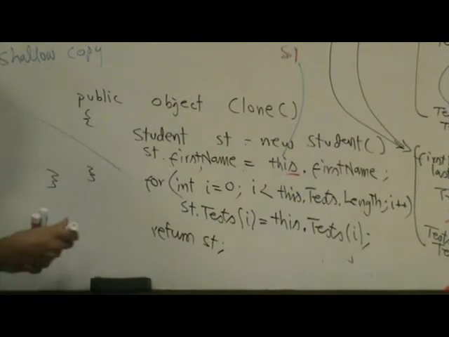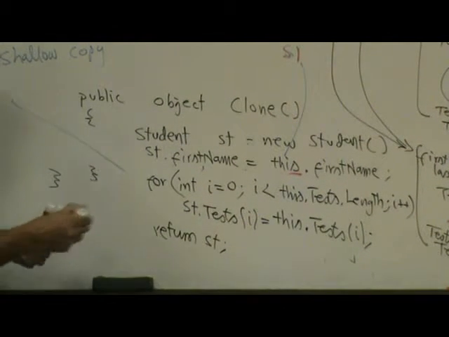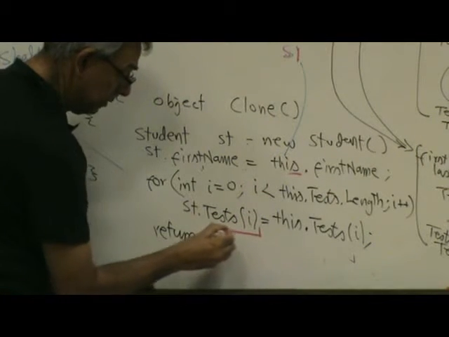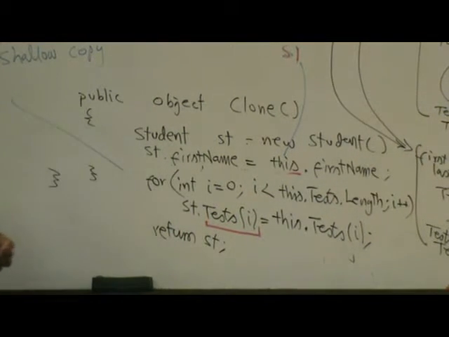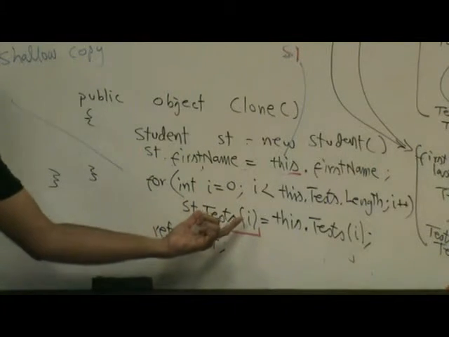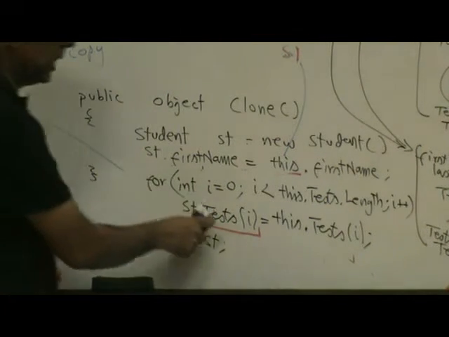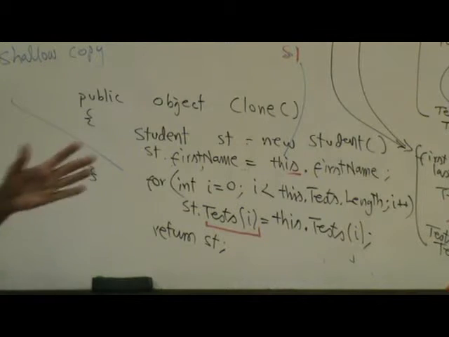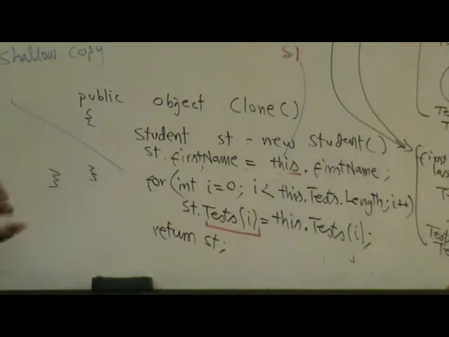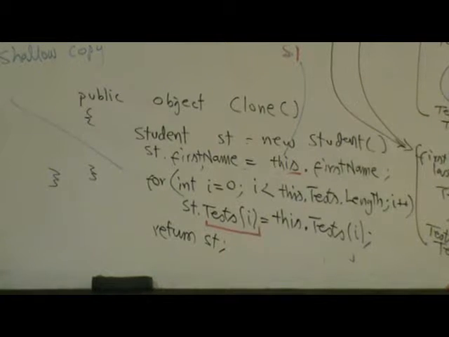So if you take a look at tests of i, what is that? Each individual item in the array. Is that a reference type or is that a value type? Value type. Because it's an array of integers, right? So tests of 0, tests of 1 is an integer. If you assign one integer to another, then it does not point to the same memory, right?